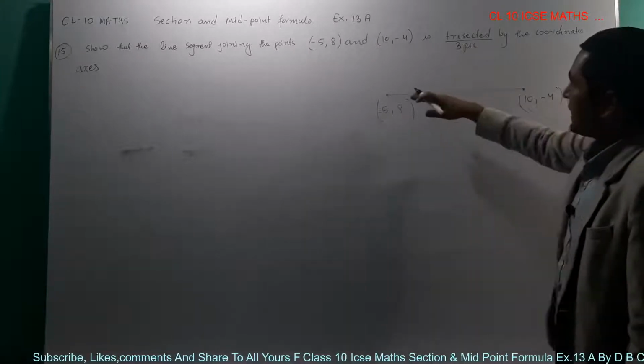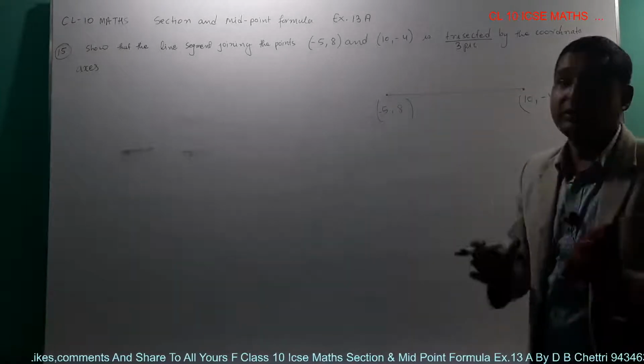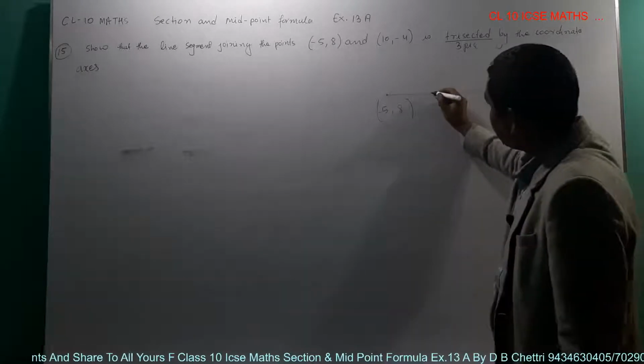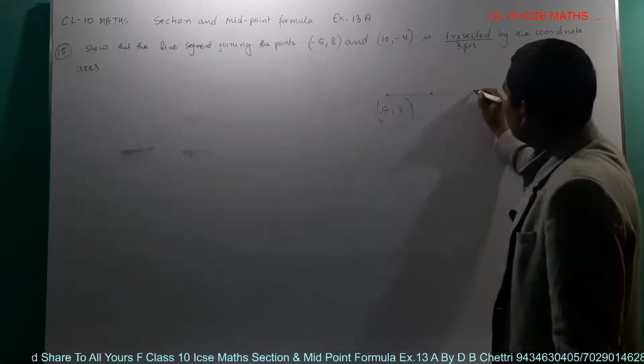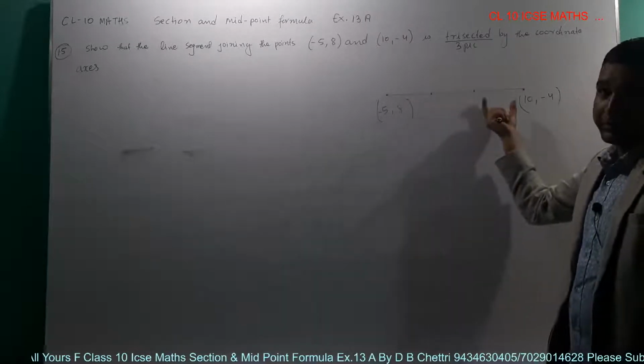Now this line is trisected, that means this line is going to be broken into three equal pieces. Trisected means three equal pieces. Let's mark one piece here, and now count how many pieces there are: 1, 2, 3.